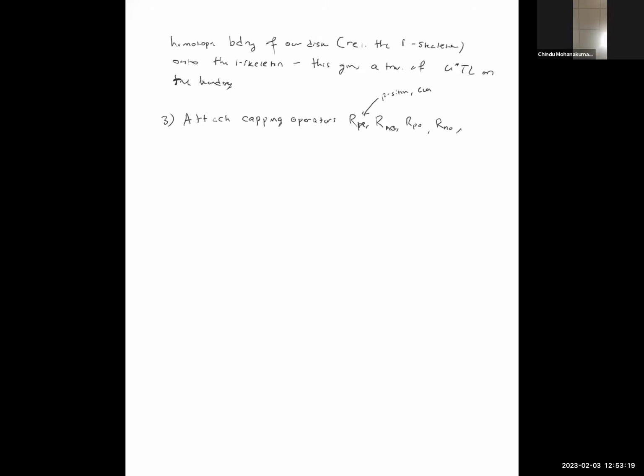So these are maps from the one punctured disk to U of n. And this closes up our holomorphic disk.